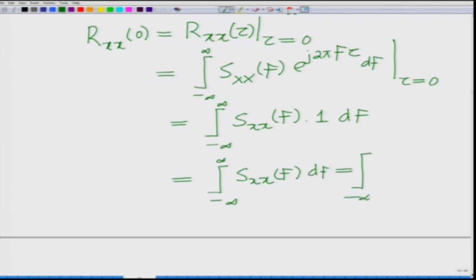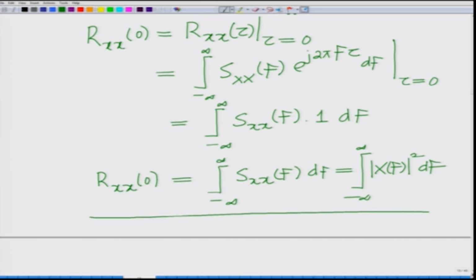But remember, Sxx(f) is magnitude X(f) squared. So this is the integral from minus infinity to infinity of magnitude X(f) squared, and this is equal to Rxx(0).